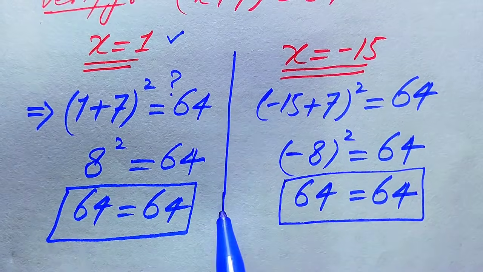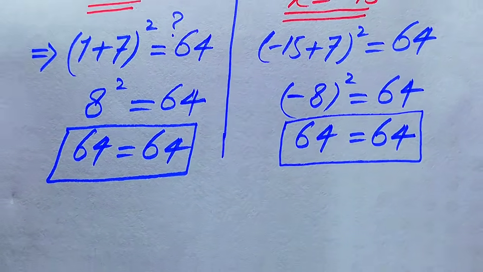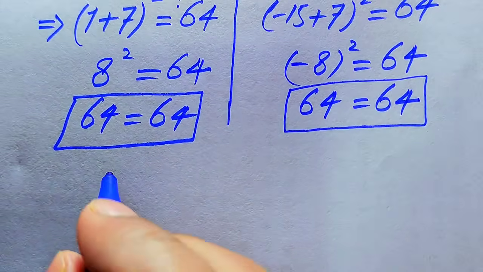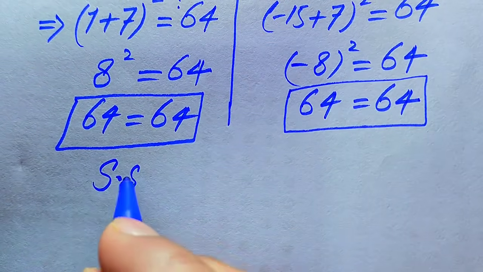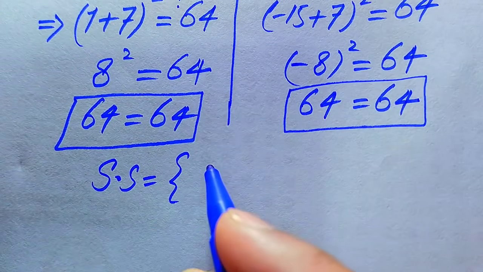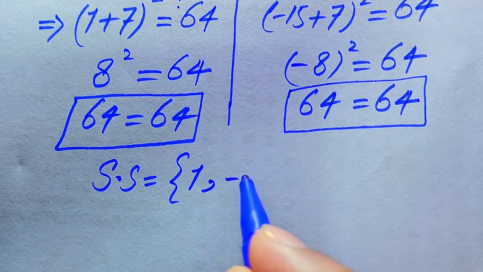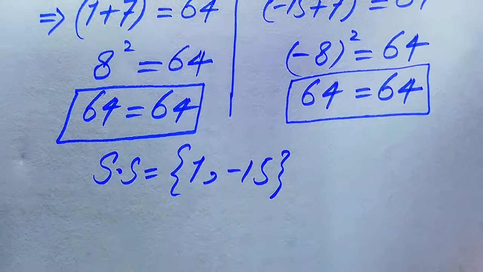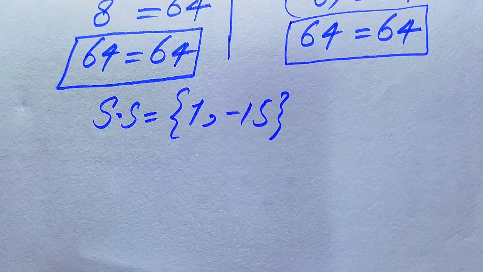So this also shows that both of the sides are equal. It means that both of the values satisfy our given question statement, so the solution set of the given question is 1 and -15. So this is the solution set which we get here from the first method.